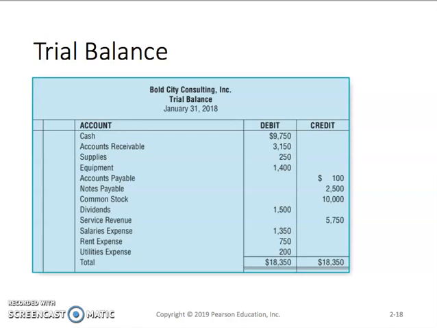Okay, and then we've got liabilities next. We've got accounts payable. We've got notes payable. Those are what? Liabilities, and liabilities increase with a credit. So typically they're going to have a normal credit balance. And then we have the rest here. We've got some equity, we've got some expenses, and each of those have their own normal balance.